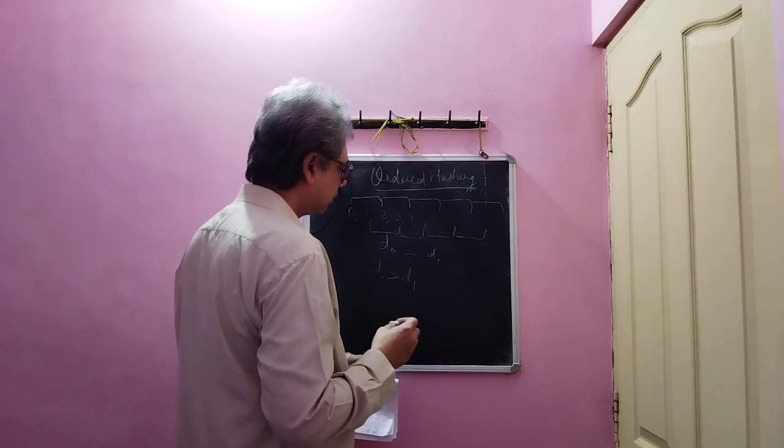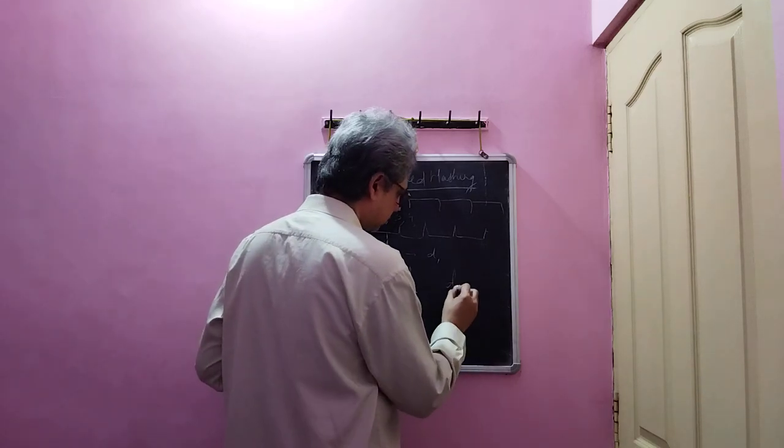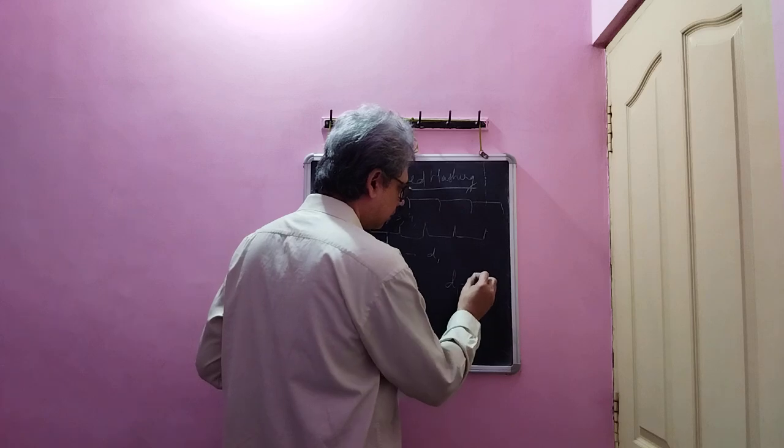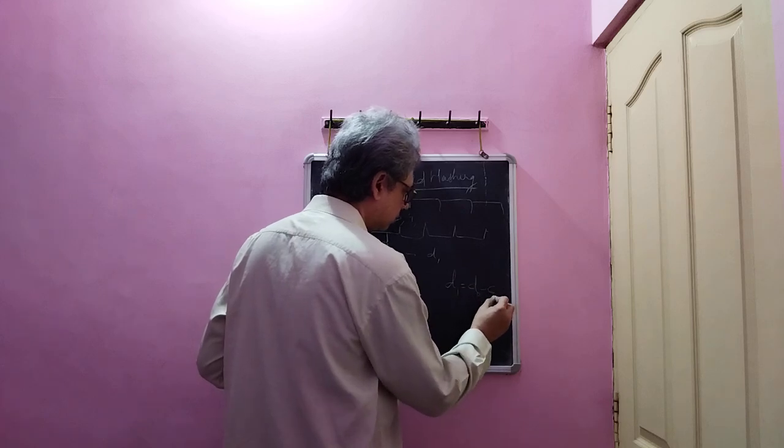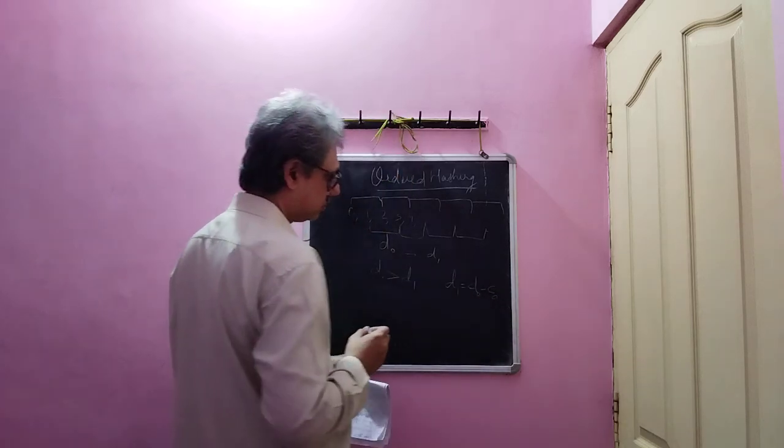So clearly D0 must be greater than D1. Let D1 equal D0 minus C0.